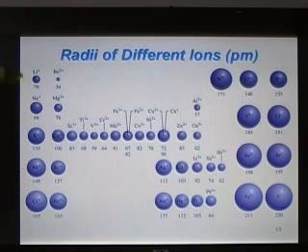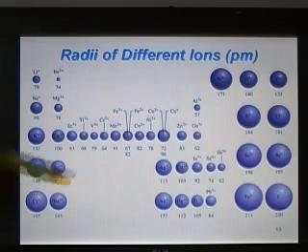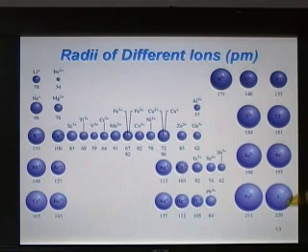It increases in size as you go down a group, regardless of whether it's cations, as shown with the alkali metals or alkaline earth metals, or anions, as shown here with the halogens or the chalcogens. Now, when you go across a period, it depends on if you form cations or anions, of course, on how the trend in size is going to go.